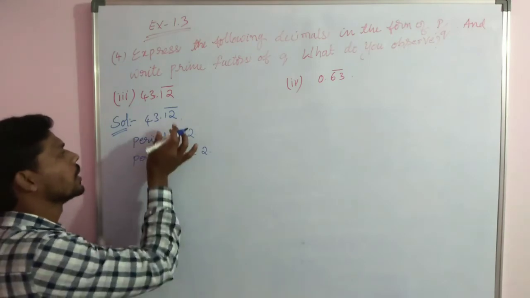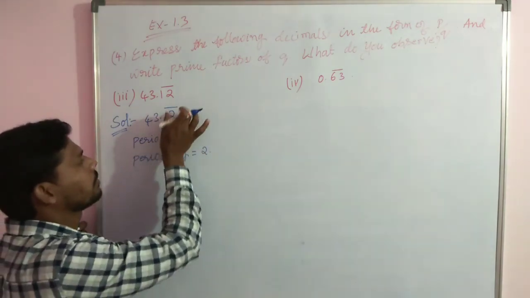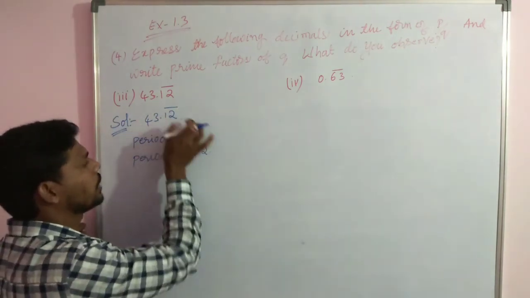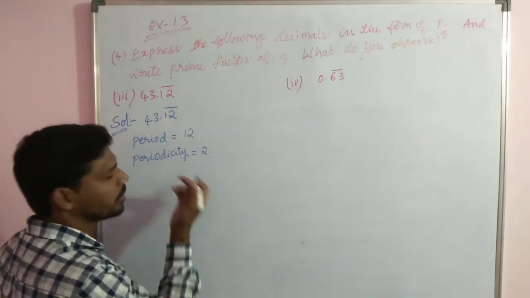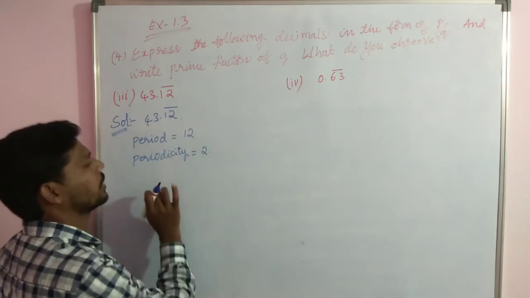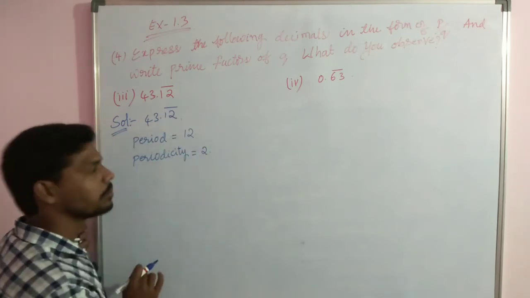Why? Because period is nothing but the numbers under the bar, that is 1, 2. Periodicity is nothing but how many numbers have the bar. So we have a bar over 2 digits.